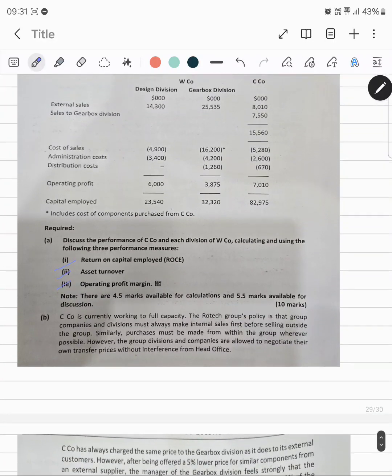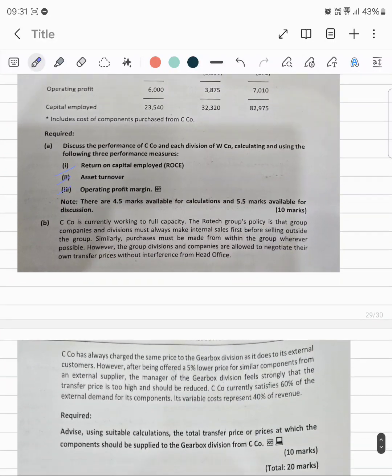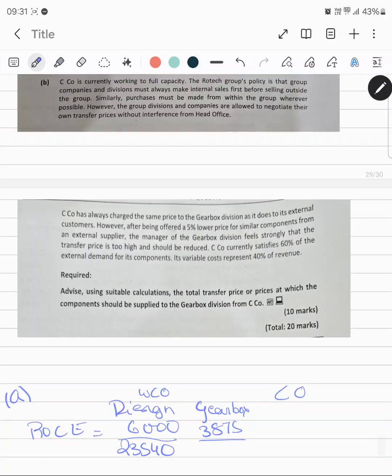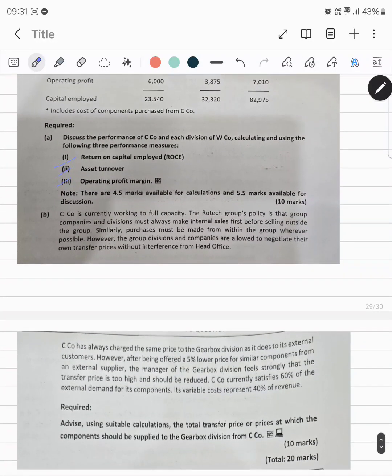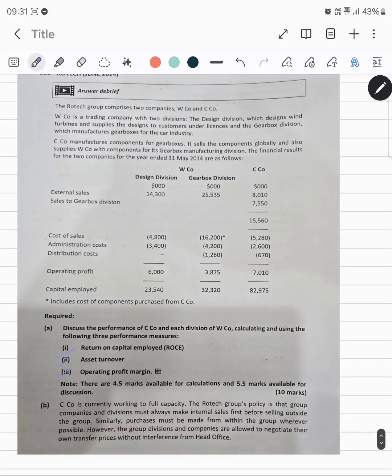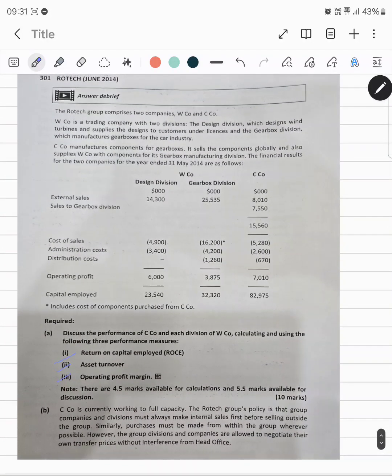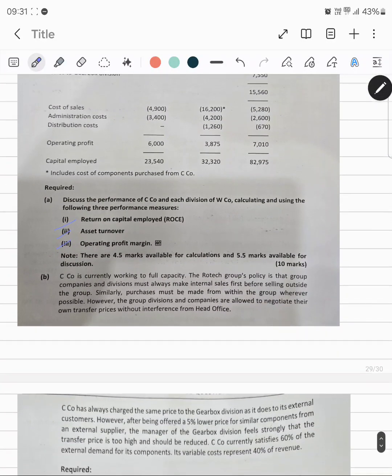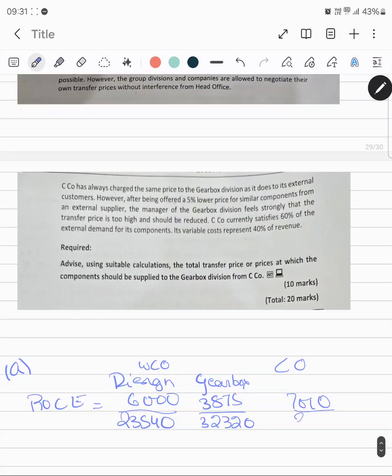The operating profit for gearbox division is 3875, and it's over 32320. For C company, the operating profit is 7010, and the capital employed is 82975.